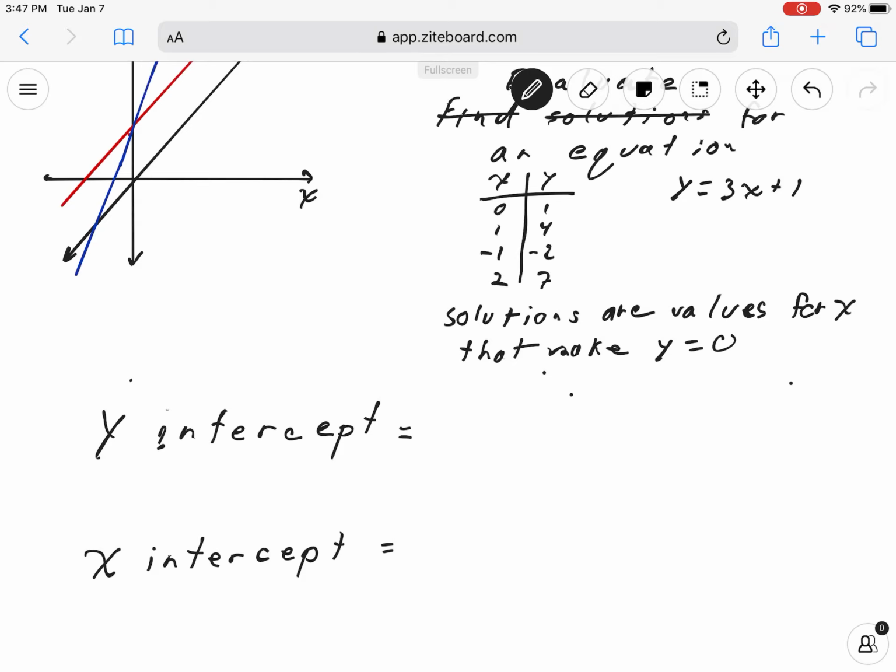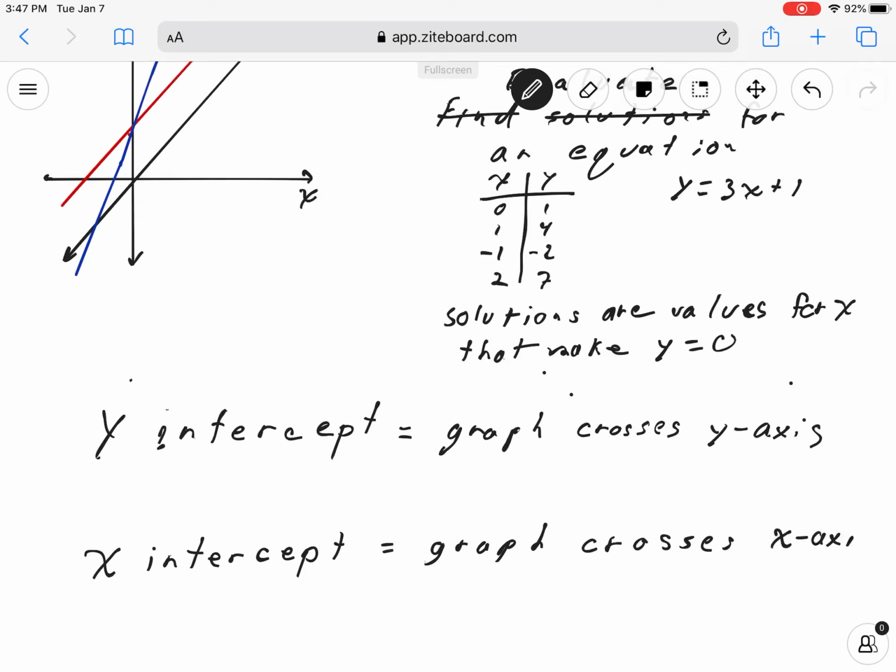So this is where the graph crosses the y-axis. And this is where the graph crosses the x-axis. All right, and in this case, we find that by saying that x equals 0, and we find the value for y. Here, we say that y equals 0, and we find the value for x.